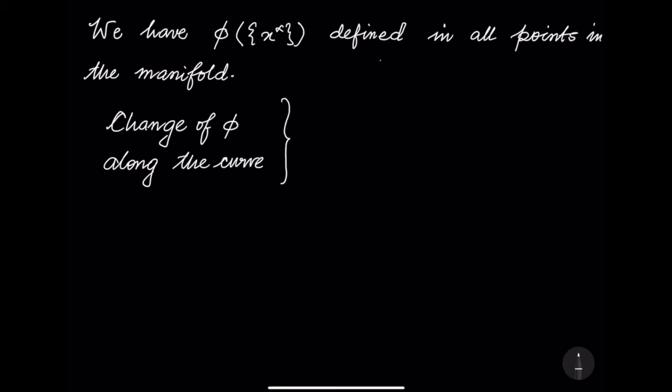How will I write this? Well, this change of phi along the curve is parameterized by lambda, so it's essentially d lambda. And you see, phi is an explicit function of x. So I should take the partial derivative of phi with respect to the x's, and then x are functions of lambda.